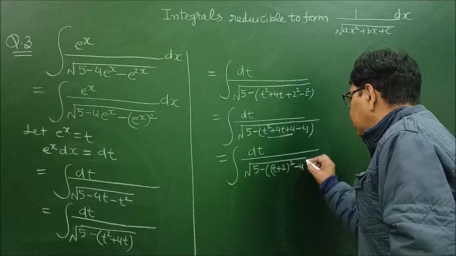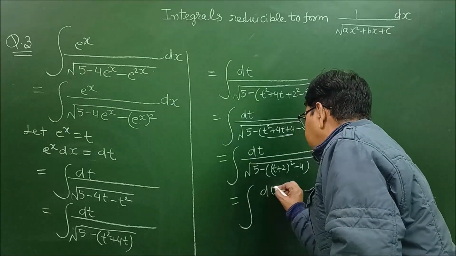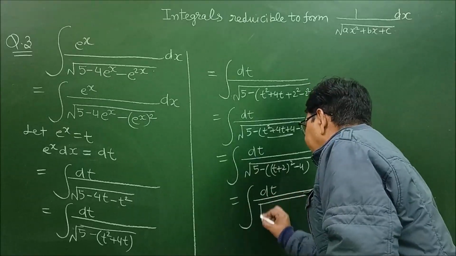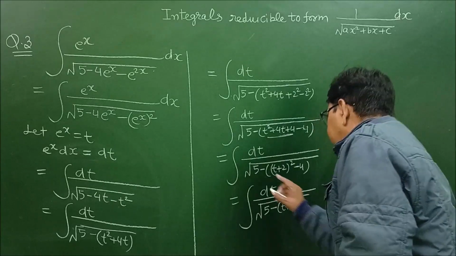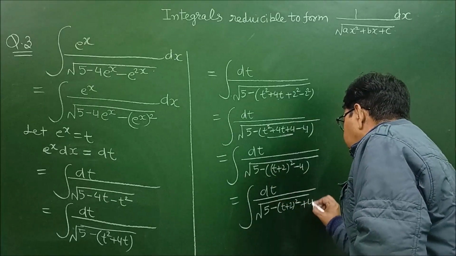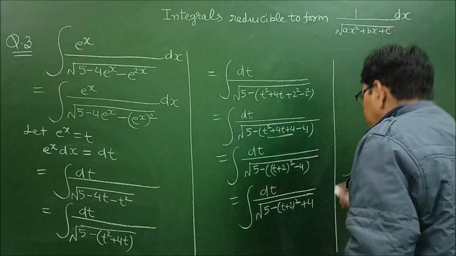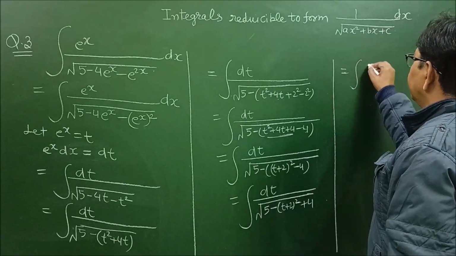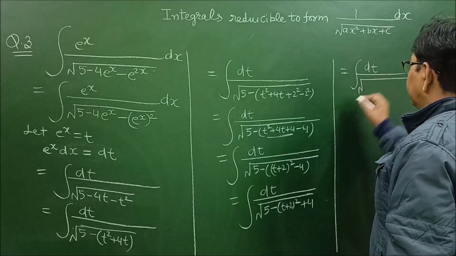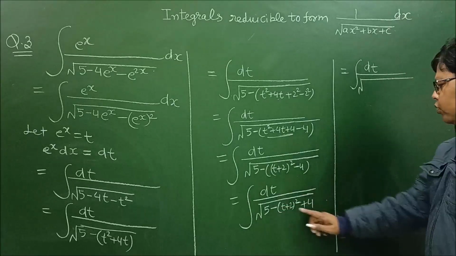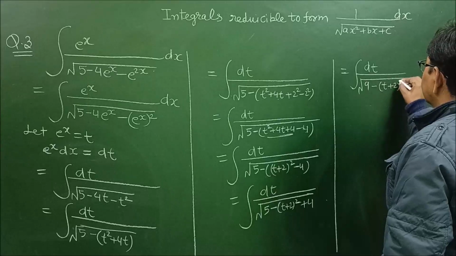minus 4). Now this can be written as the integral of dt upon under root of 5 minus (t plus 2) whole square, and this minus and minus sign becomes plus 4, which is equal to the integral of dt upon under root of 5 plus 4, which is 9, minus (t plus 2) whole square.